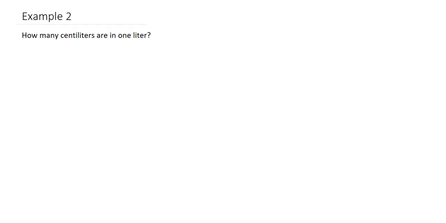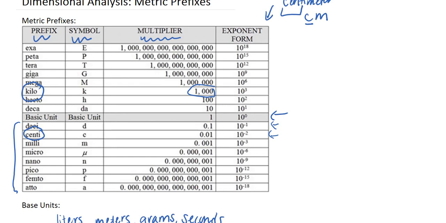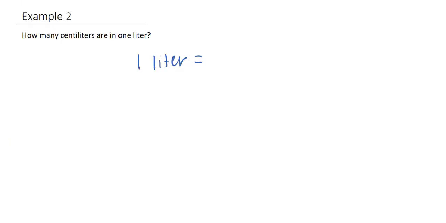So if we think about it like that, we have 1 liter, and then how many centiliters? Centi is like a century, which is 100, so that means we're going to have 100 centiliters.